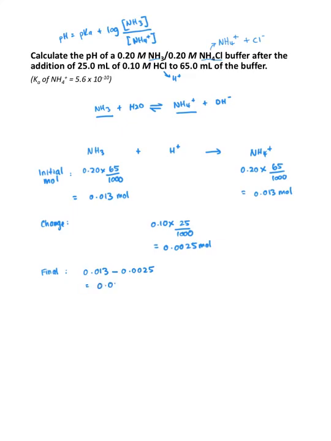So here we have 0.0105 moles. As for NH4+, there will be more NH4+ being formed, so the number of moles is going to increase. You have initial 0.013 moles and you are going to add an additional 0.0025 moles that are being formed from this reaction.